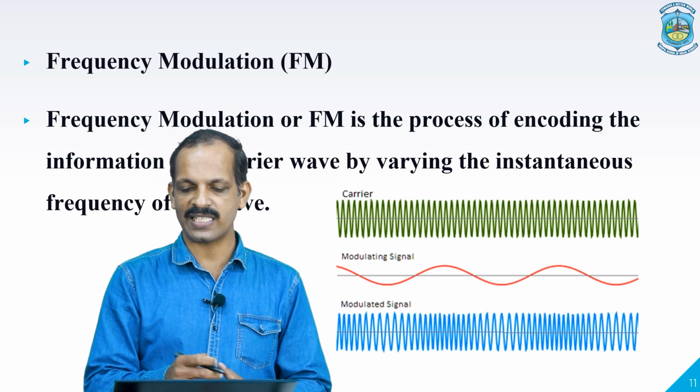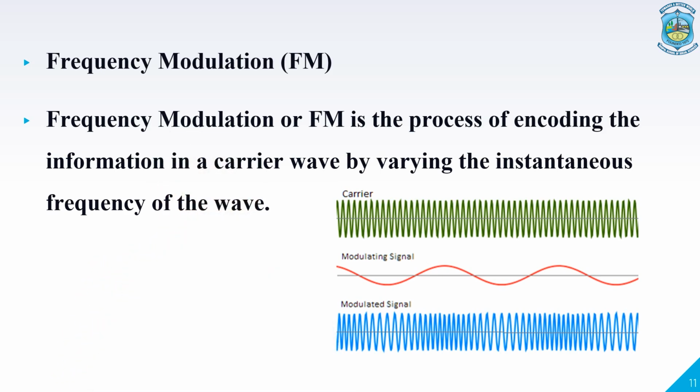For example, here you can see there is a carrier wave and an information signal. The carrier wave is represented using green color and the information wave using red color. When we analyze the resultant signal in blue color, we can see that when the amplitude is decreasing, that means at the negative level, the frequency of the resultant signal is decreasing.